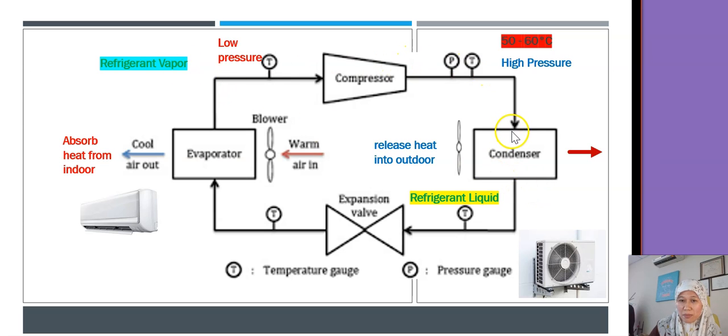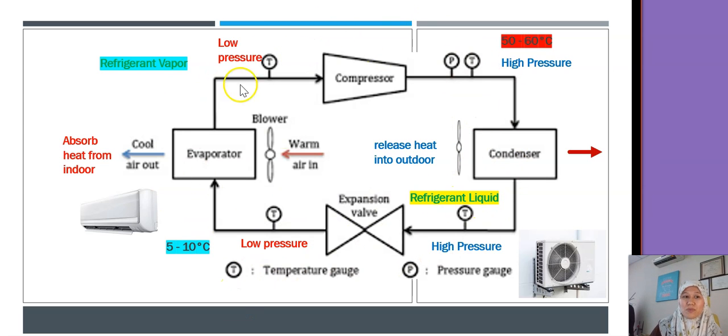It goes in as vapor, and when it releases heat, it becomes liquid, still at high pressure. Then it goes to the expansion valve, where it reduces the pressure and the temperature also reduces. And it goes back into the evaporator. So the process goes in a cycle.